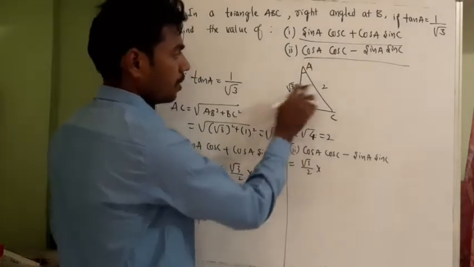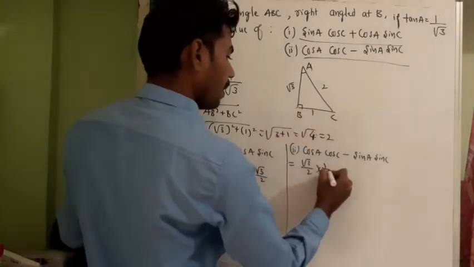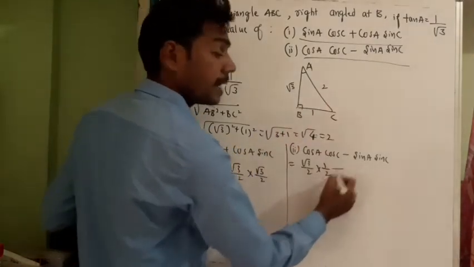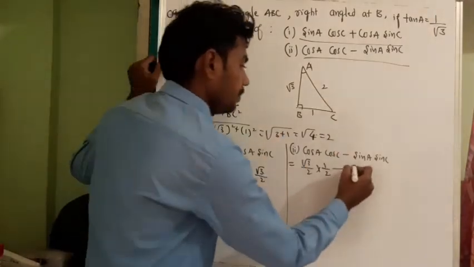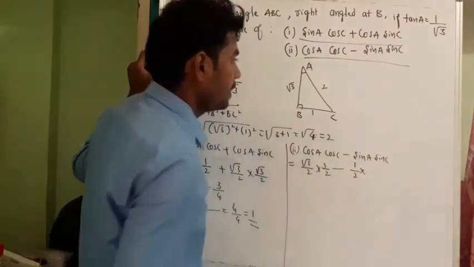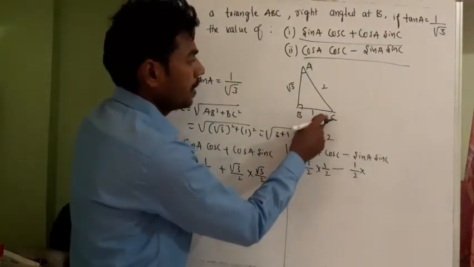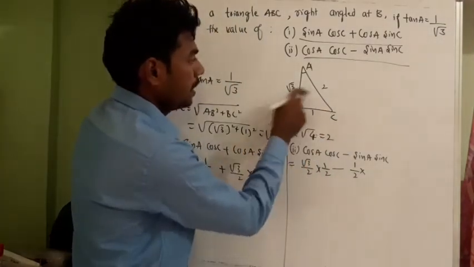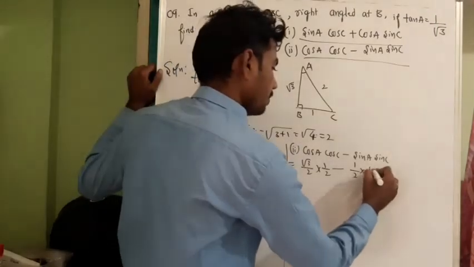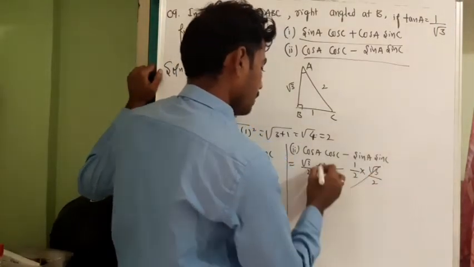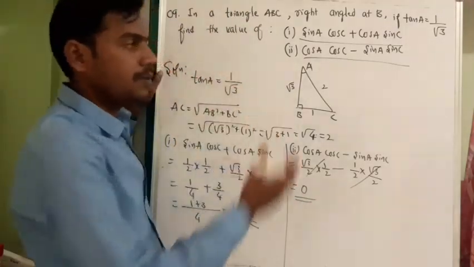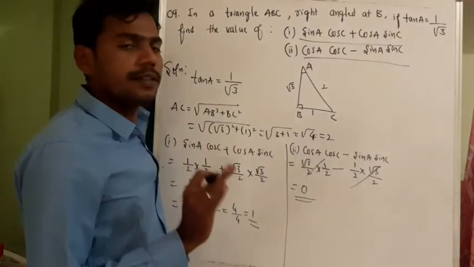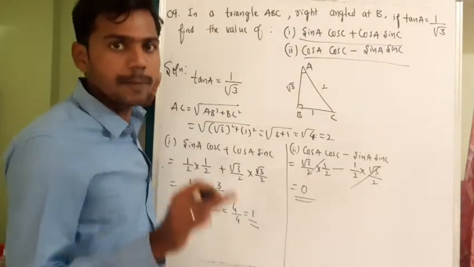Sin A is 1 by 2, that is opposite by hypotenuse, minus sin A, 1 by 2, into sin C. Sin C is nothing but opposite by hypotenuse, that is root 3 by 2. So this will get cancelled. Answer is 0. So please note this down, and here your simplification plays an important role.